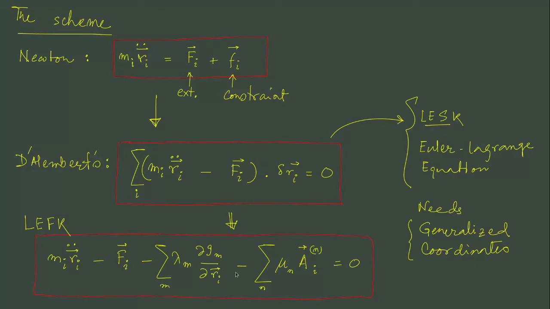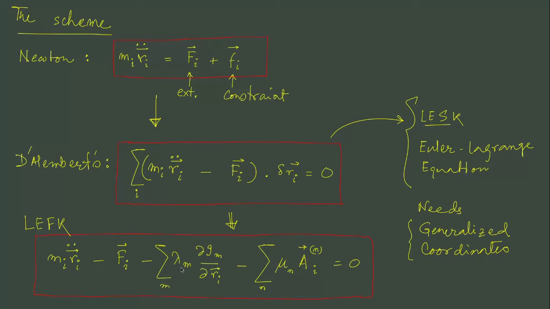We take their linear combination, and intuitively we expect that the vectors perpendicular to the constraint surface should be collinear with the constraint forces. So their linear combination should give us the constraint force.